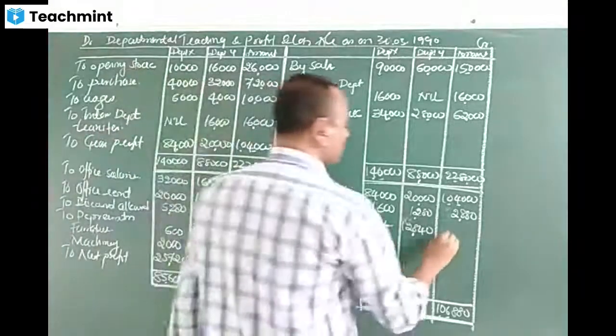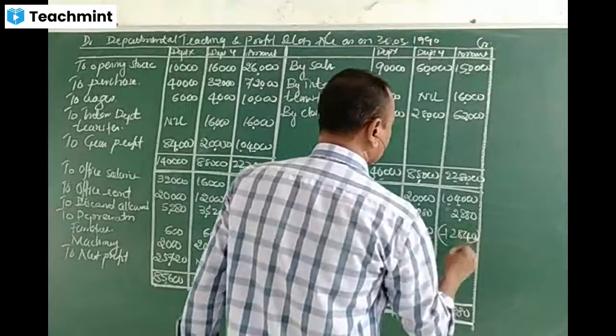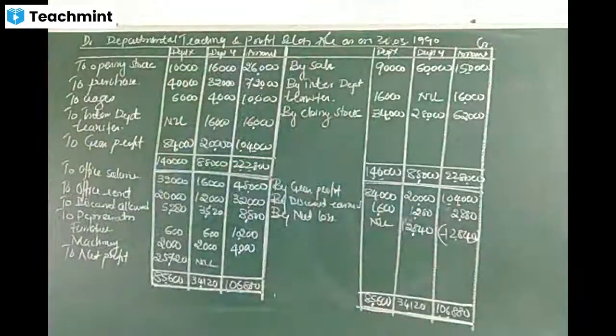Here we have to mention 12,840 as a minus. You have to mention it in brackets, that is loss.